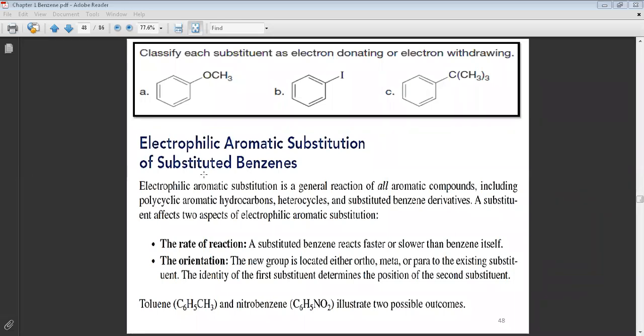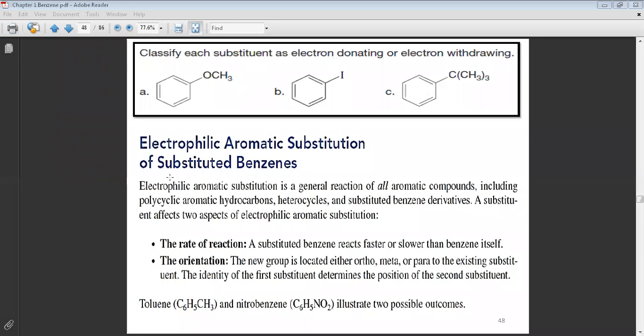That means if you have a benzene ring with special substituents on the ring, and this compound goes through electrophilic aromatic substitution, what will happen, and how can the orientation of the substituted group affect the new group coming in?